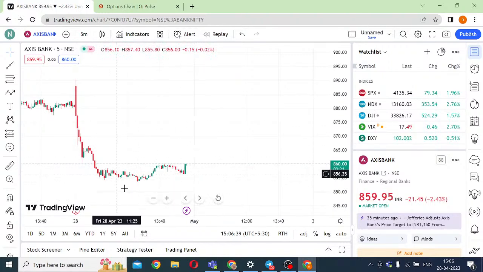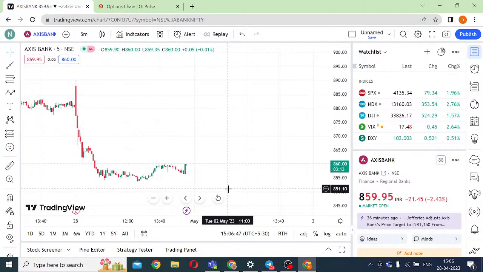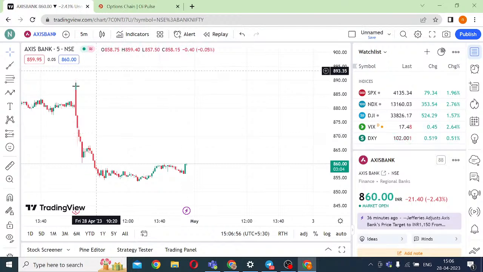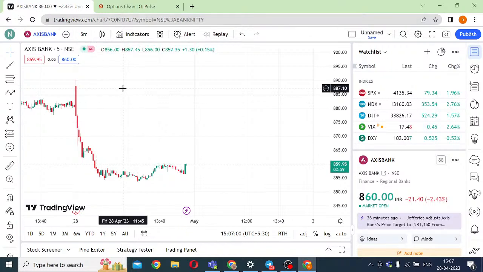HDFC also recovered, ICICI also recovered, and now I think Axis is also recovering. So during the earning season, guys, just try and keep a tab on how the bellwether of that particular sector is working. Typically, everyone else will follow the same pattern, unless there is some negativity.